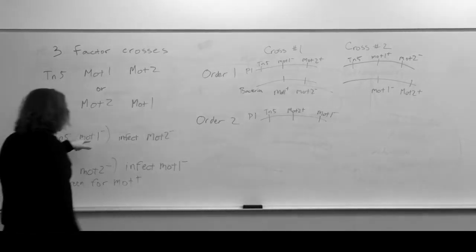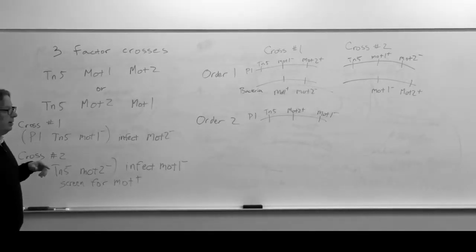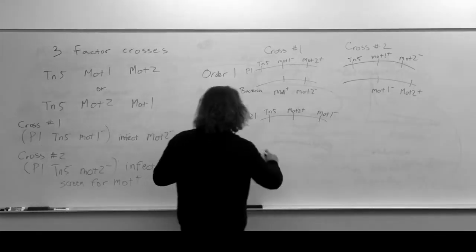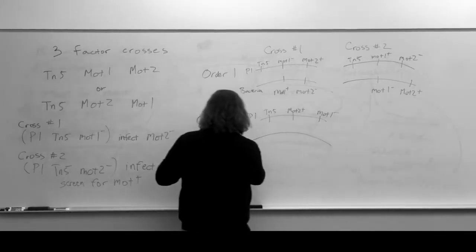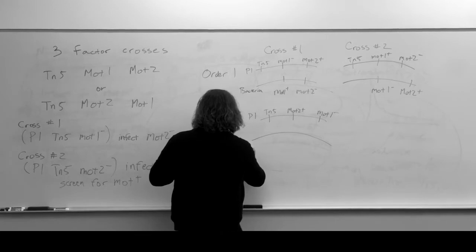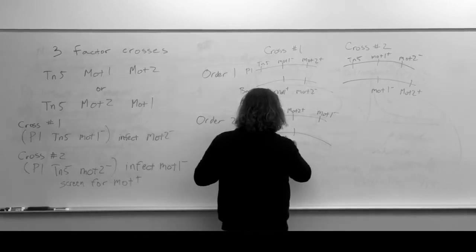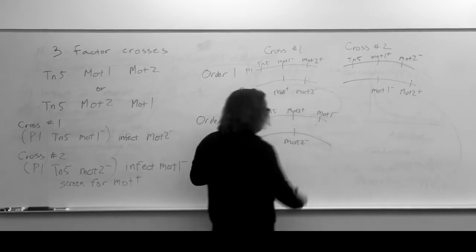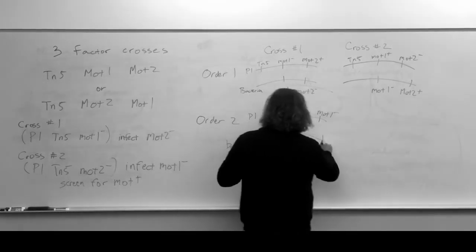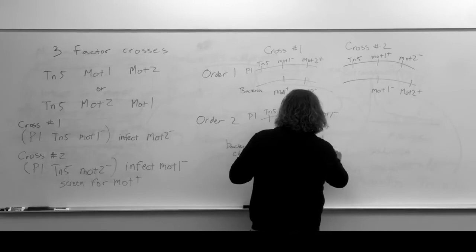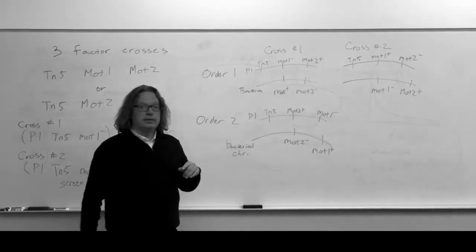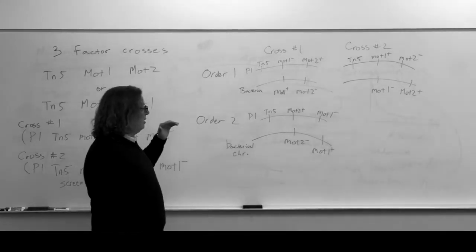Remember, in this cross, we're bringing mot 1 minus into a mot 2 plus strain. And the bacterial chromosome has mot 2 minus and mot 1 plus. So that's the first cross.